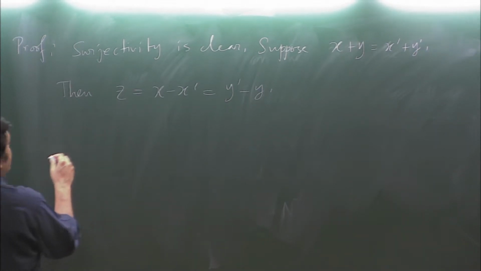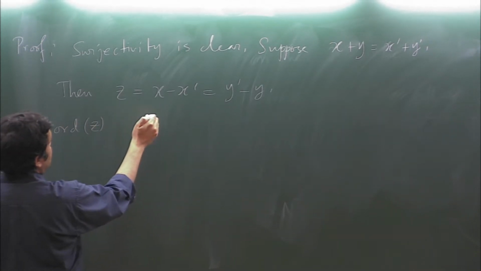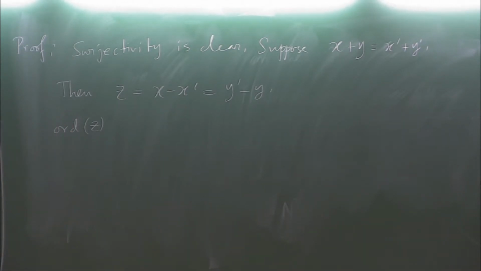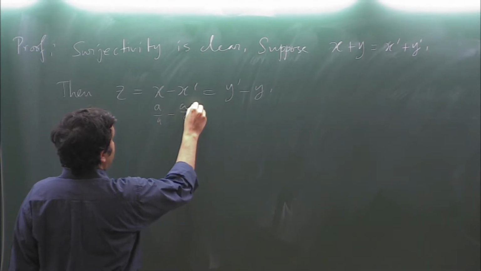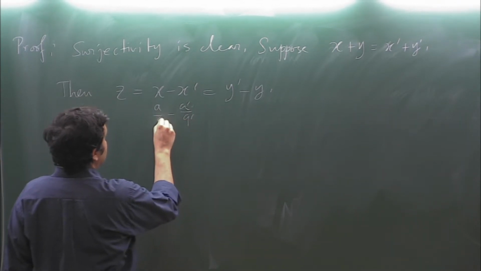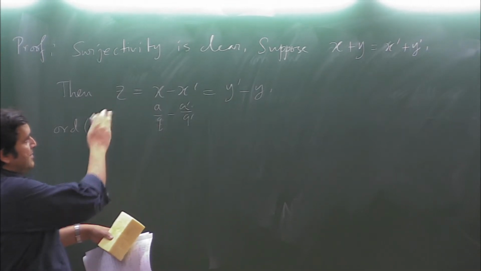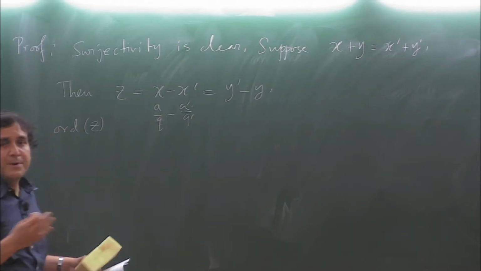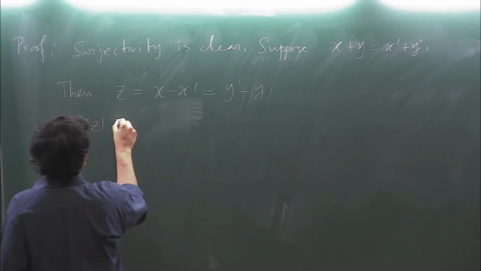Okay, and now what can you say about the order of z? Consider this expression, z is x minus x prime. So it is like a by q and a prime by q prime. Then q times q prime will annihilate this element z. So the product of the two orders is an upper bound of the order of the difference.